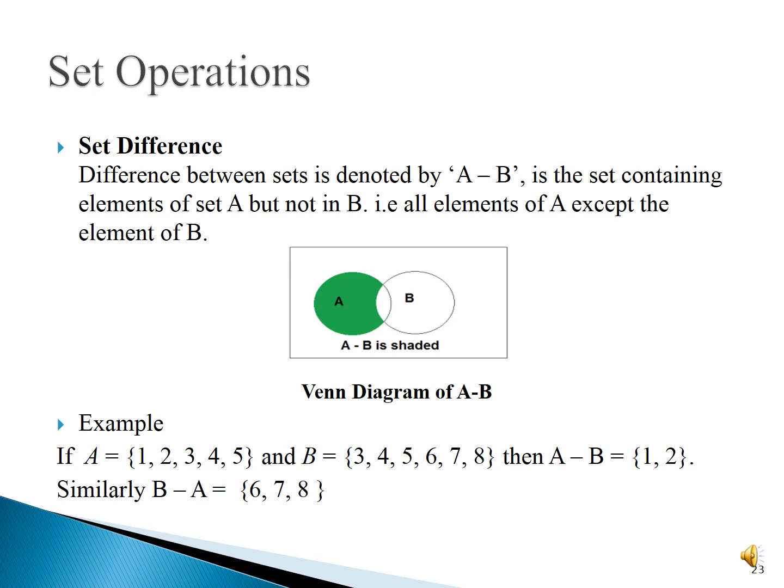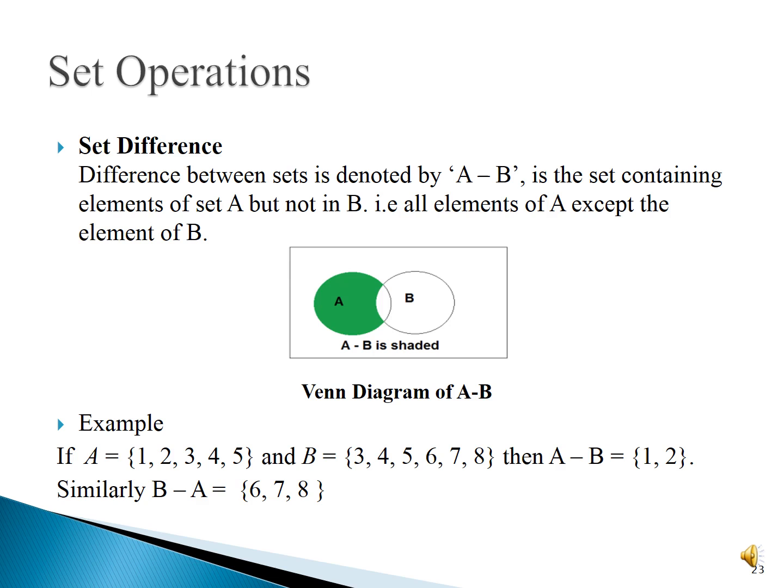So we can see here B minus A. B minus A is defined as containing all the elements of B except the elements of A. So 3 is an element of B but it is an element of A also, so it will not be included in B minus A. Again 4 is an element of B but it is also an element of A, so it will not be included in B minus A.